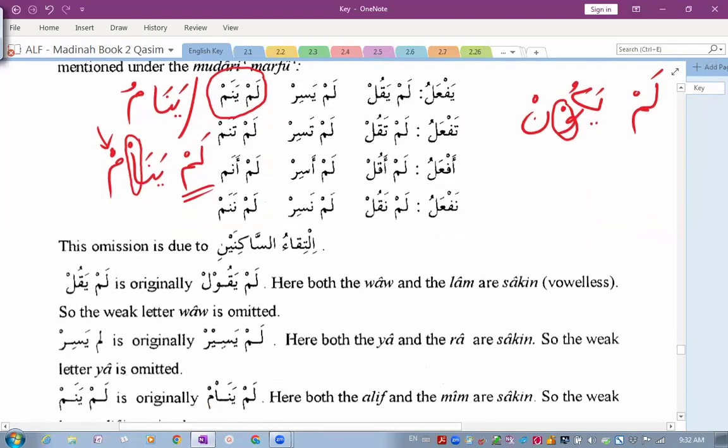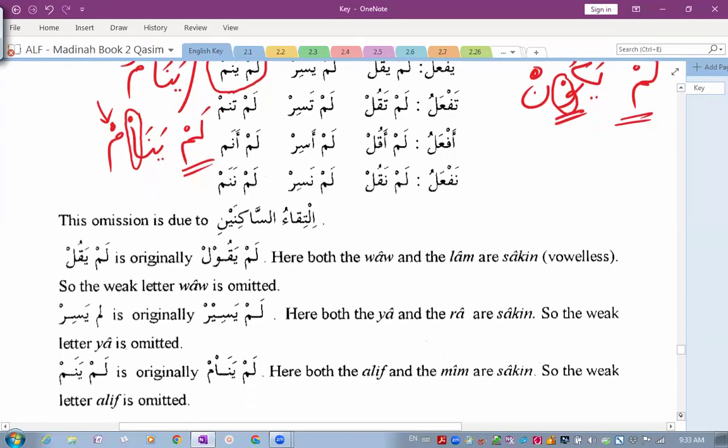Then you will have those changes taking place, and I am giving you the reason why the harfu illa is getting dropped: it is because of iltiqa sakinain, because lam or any of those make fail mudare majzoom. As soon as you make it majzoom, you have iltiqa sakinain, so you must drop the weak letter, which makes sense, inshallah. So that's the summary.